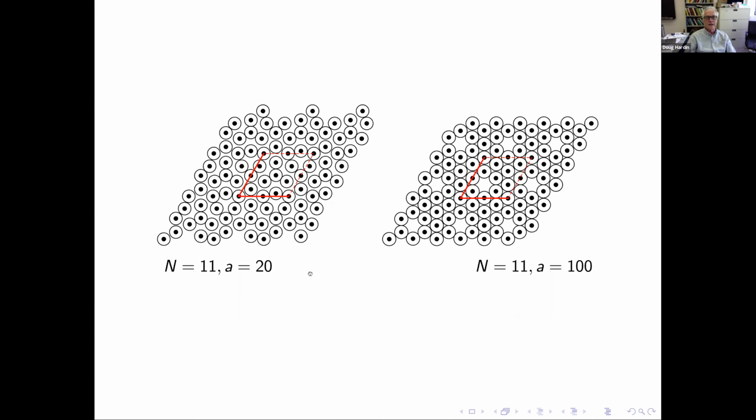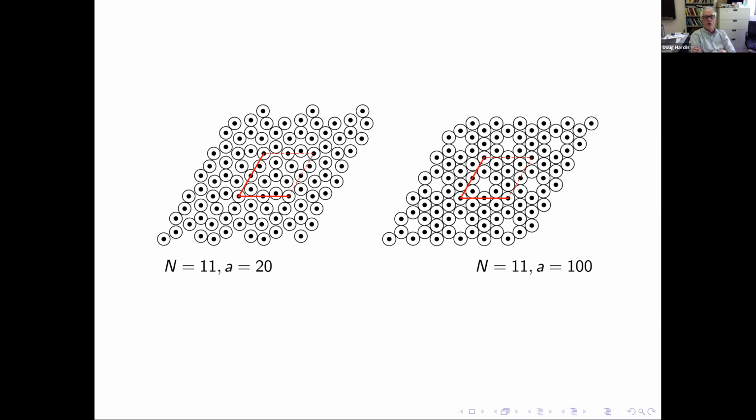Here's some other interesting cardinalities that are not amenable, that don't form this, for which you can't find a sublattice. So ones, for example, that aren't of the form m squared plus mn plus n squared, for example, 11.